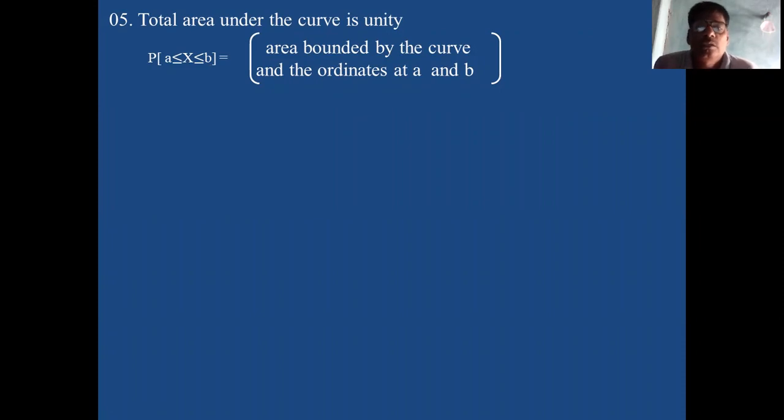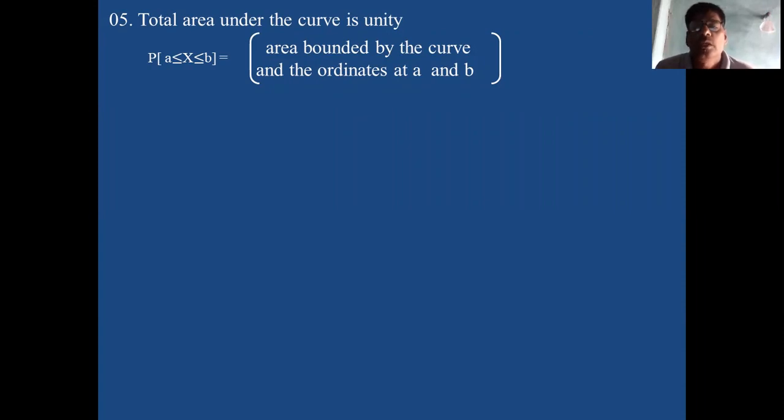So in this case, the area between A and B is ascertained. On the basis of that area, we find the probability. In the bell-shaped curve, we fix the limits.